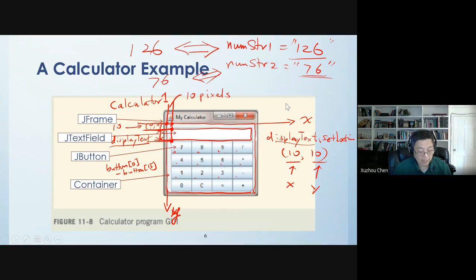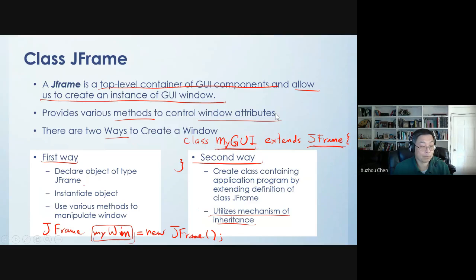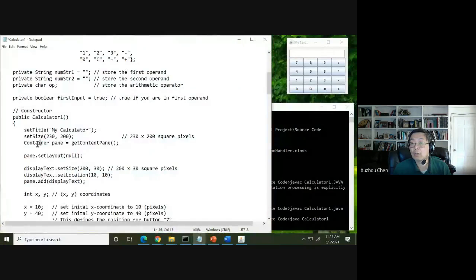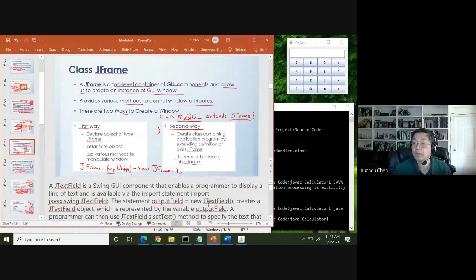Now let's see what's the height of the text field. We set the size, so the length is 200, the height is 30, right? So the height of the text field is 30.